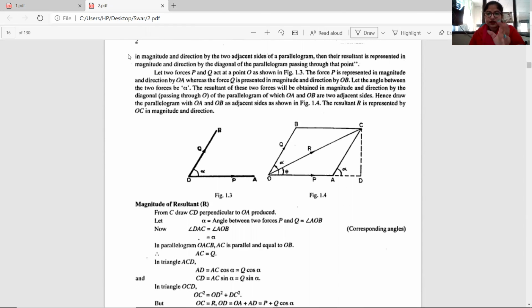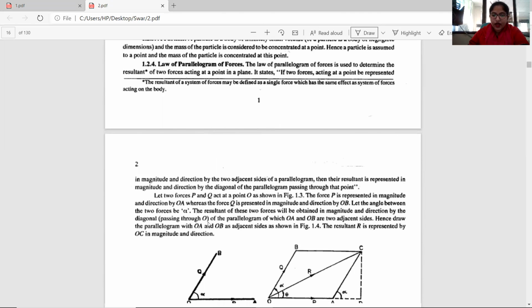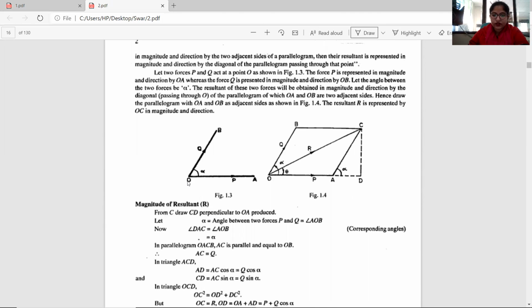Let's understand it more with this diagram. If one force is acting on this point, and the other force is acting in this direction, then my resultant force will be what?